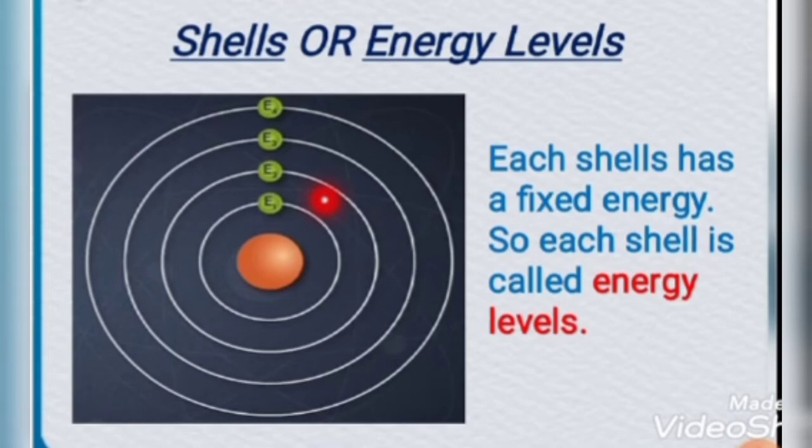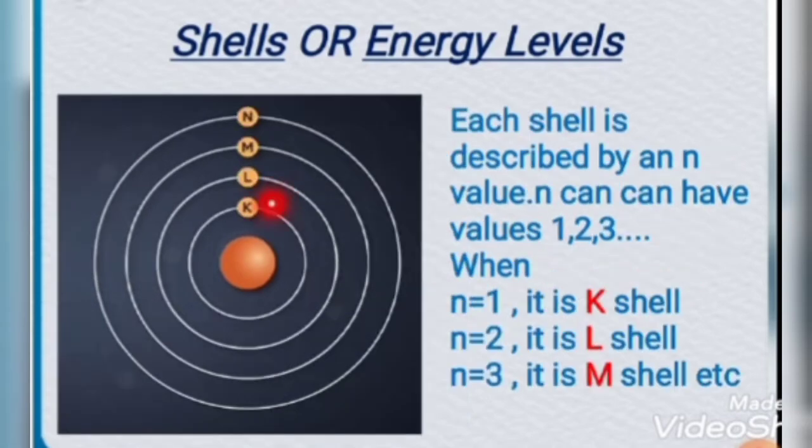Students, you know that shell is also called energy level. But why? Because according to Bohr's theory, each shell has a fixed energy. So that's why shells are also called energy levels.